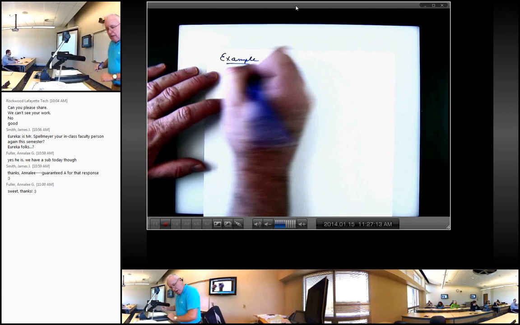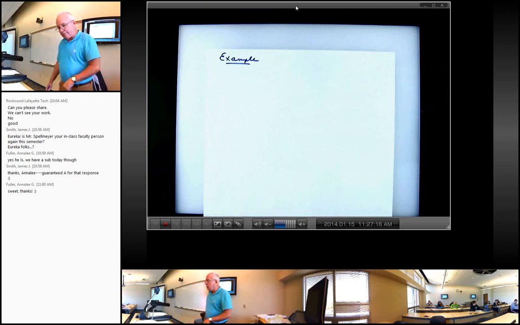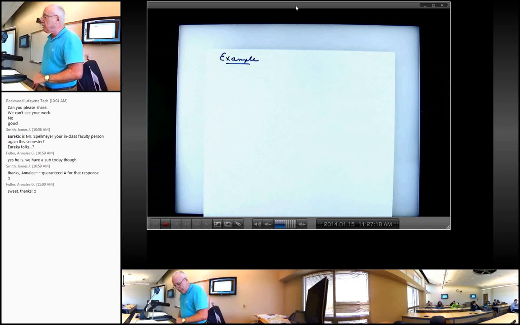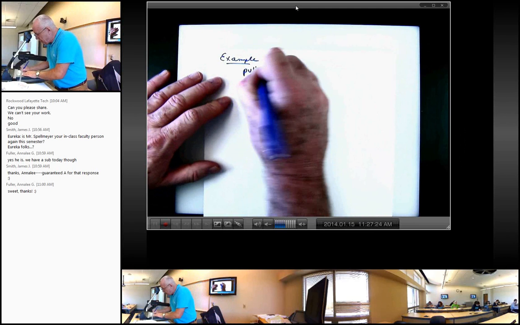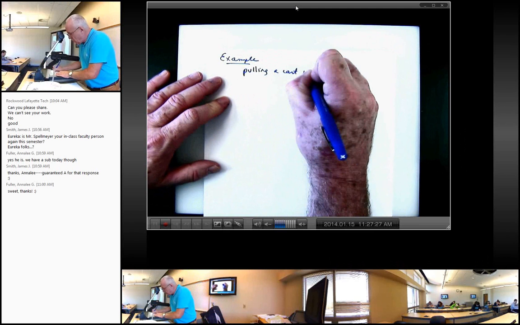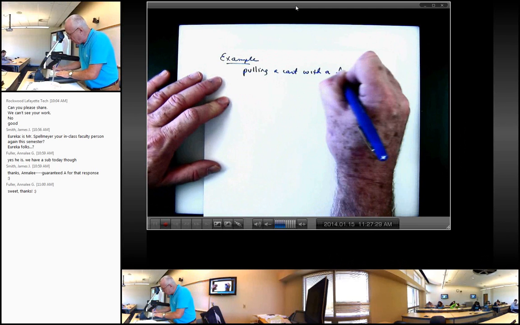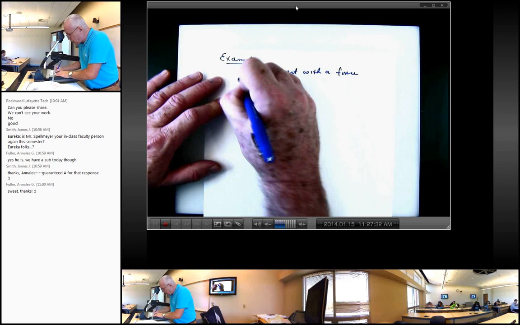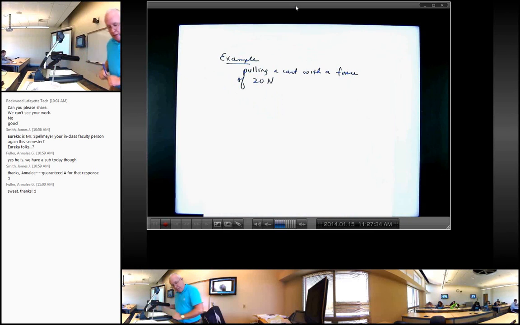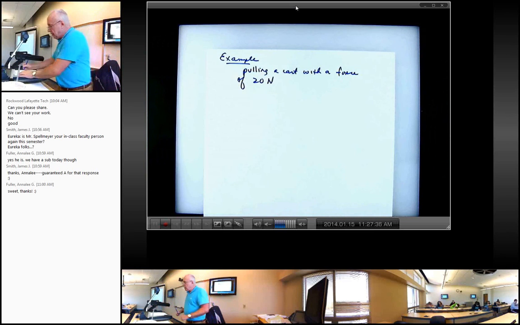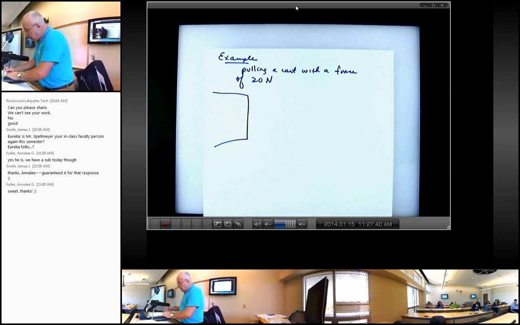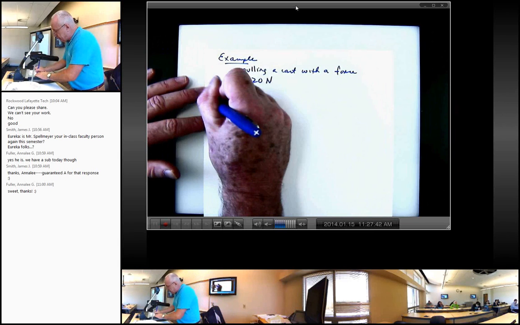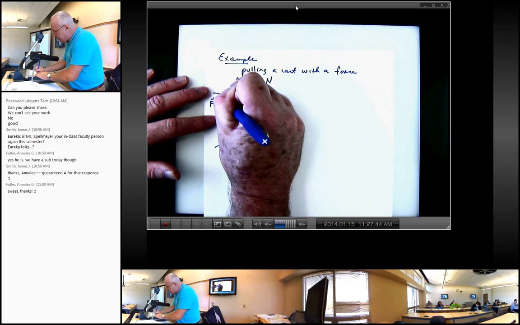Say we're pulling a cart along, and we're pulling it with a force of 20 newtons, capital N. Let me do a basic aside here before I go any further. Force in physics is the mass times the acceleration.